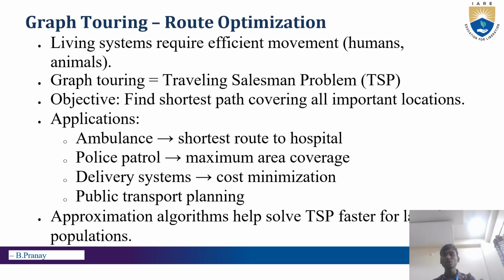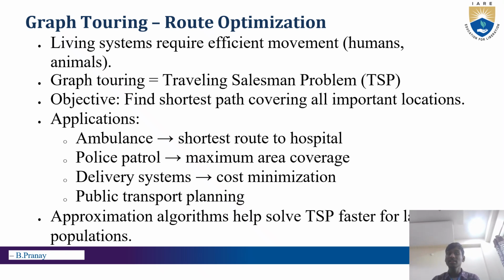Graph touring and route optimization. For example, living systems require efficient movement, like humans or animals. Graph touring takes, for example, the traveling salesman problem, which we apply in daily life when we need the shortest path to cover all important locations. For example, an ambulance needs the shortest route to reach the patient and the hospital on time.